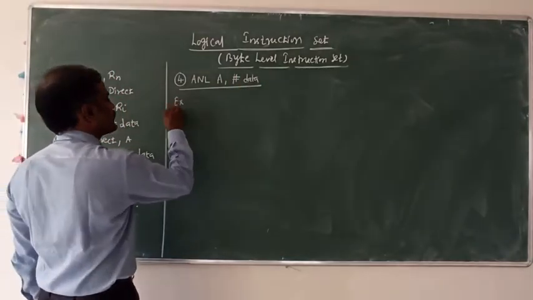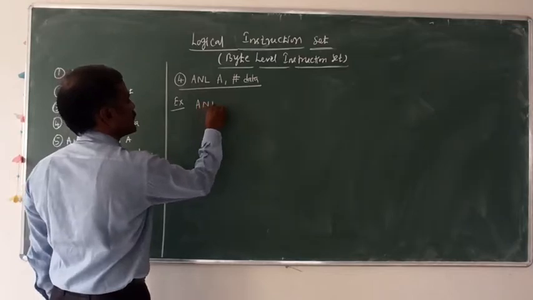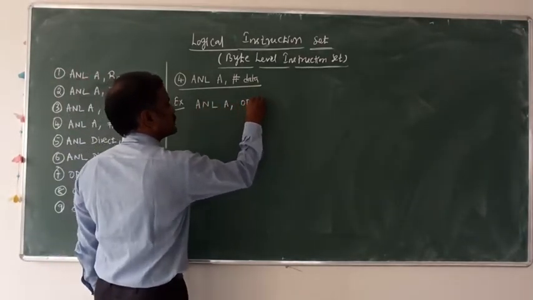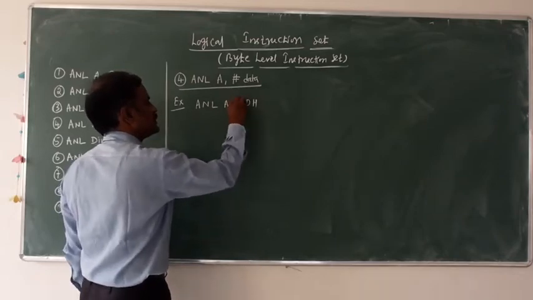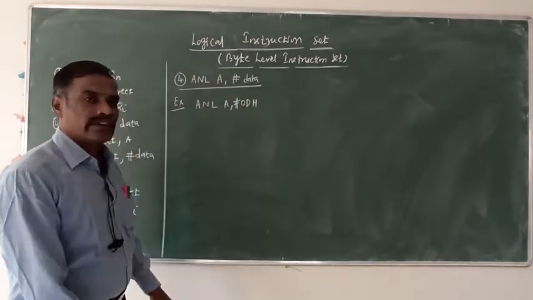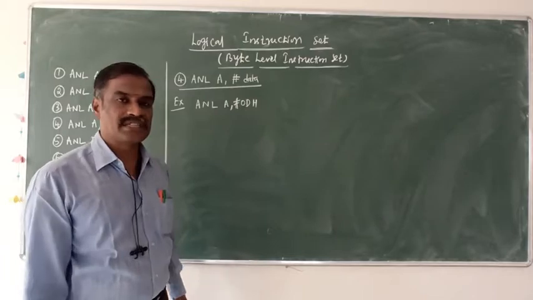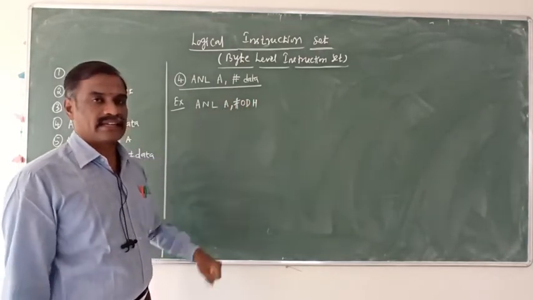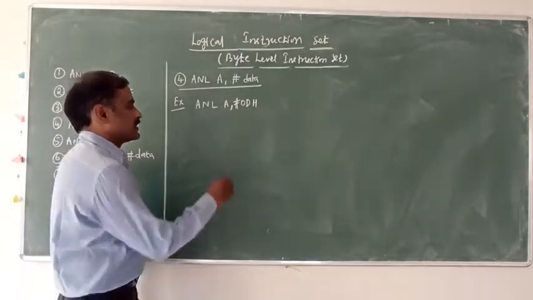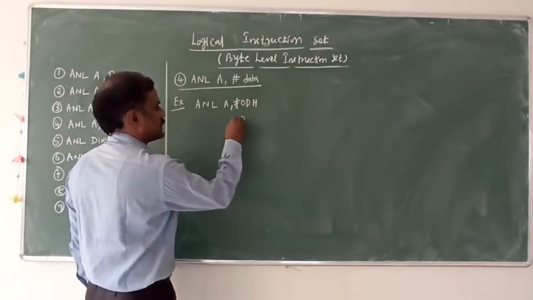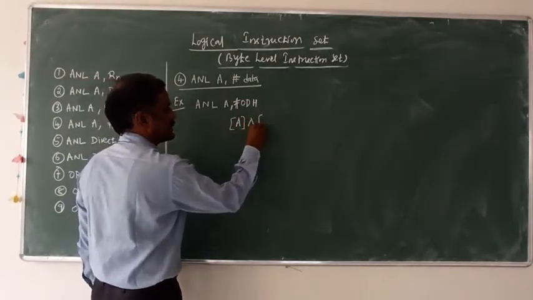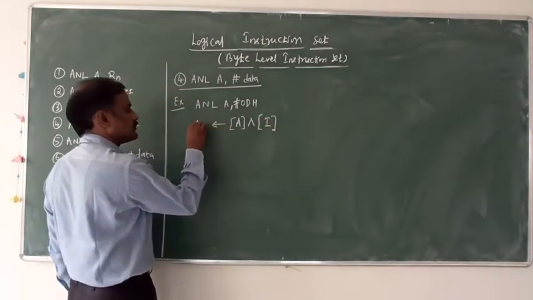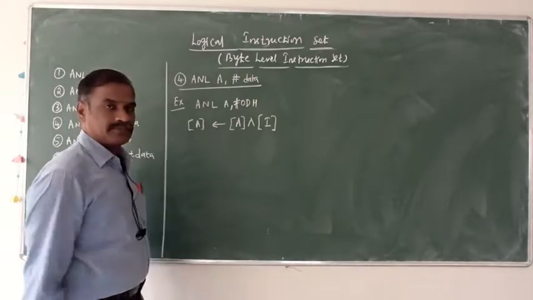Example: ANL A comma hash 0DH. Before this we are taking the hash. Hash means immediately given data with accumulator content. Here the accumulator data is logically ANDed with immediately given data, and the result moves to the A register itself.